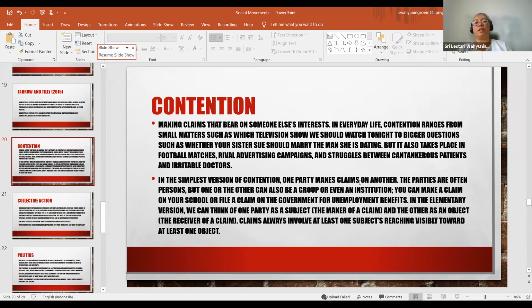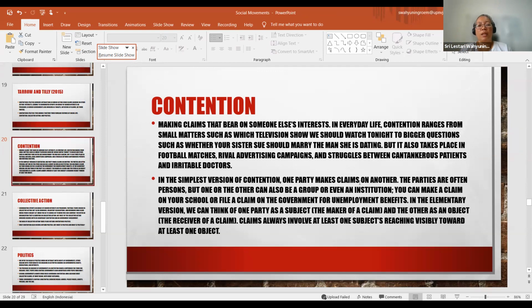In everyday life, contention ranges from small matters such as which television shows we should watch tonight to bigger questions such as whether your sister Sue should marry the man she is dating. This is the example I took from the book. So it ranges from small daily things to bigger, more fundamental issues.